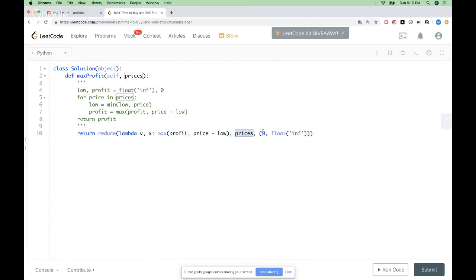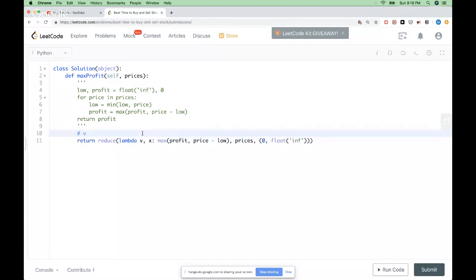Now, this lambda here gets the parameters profit, which is this 0, and then low, which is this value, and then the price value. So V here is, in our case, equivalent to profit and low. Basically this means that V0 is profit and V1 is low.